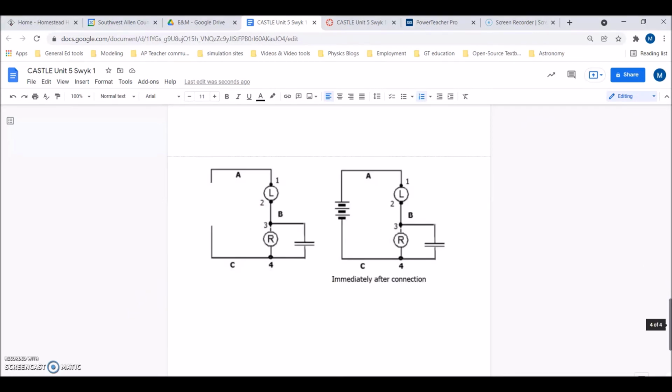This is from a lab that we did. So on the right hand side, this is immediately after there was a connection here. So before the battery is even hooked up to it, of course, all the wires on the left-hand circuit, they're all yellow, okay? But after the battery is connected, I should say immediately after, what we found out was that the flow into a bulb is not necessarily the same as the flow out of a bulb, okay?